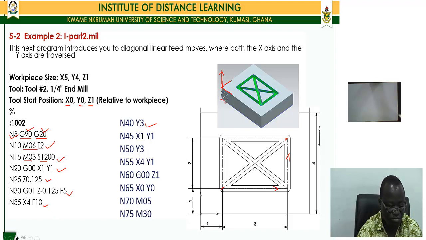Right, so that means we are now in this position, that is we're coming from here down to X1 Y1. Then from here, we move to Y3, so the tool will then move this way to Y3, and then the tool will move to X4 Y1. X4 Y1 is going to be this way, X4 Y1 that way.